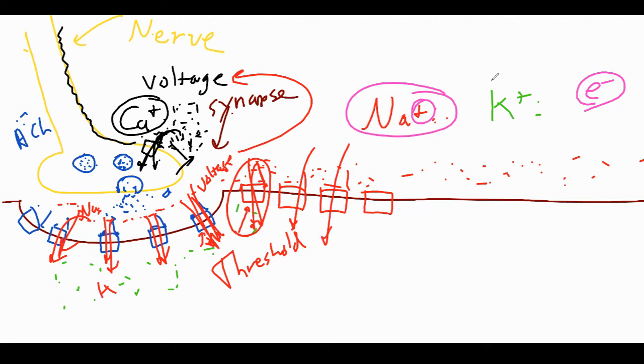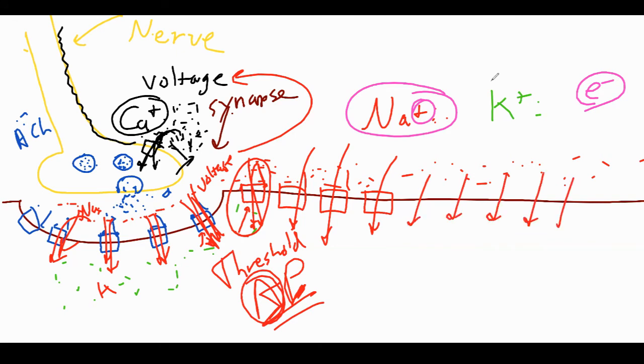More sodium comes through. The next one, more sodium comes through. This is called an action potential. Okay, potential for voltage, action, because you got enough voltage or potential to make something happen. Okay, and this is going to happen all the way down the sarcolemma, like dominoes falling. If that first one falls, they all fall.